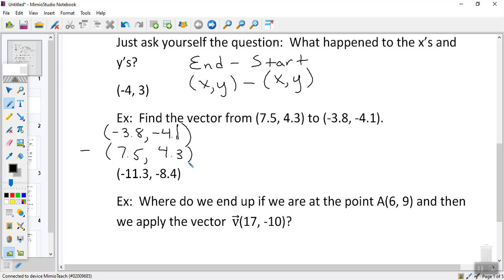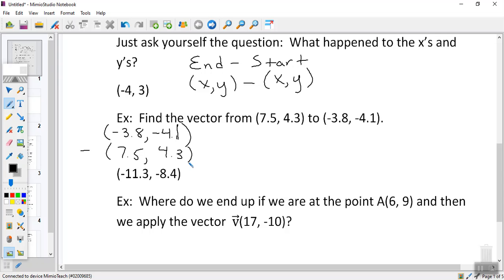Is this vector moving to the left or to the right horizontally? To the left, because this horizontal component is what type of a value? Negative. Then we went from negative 4.1 minus 4.3, where's that end up? This is my vertical component. So we moved left 11.3 units, and we're moving what direction here?